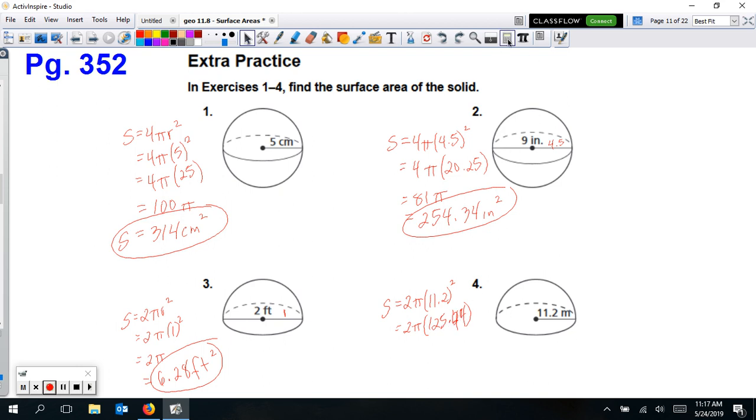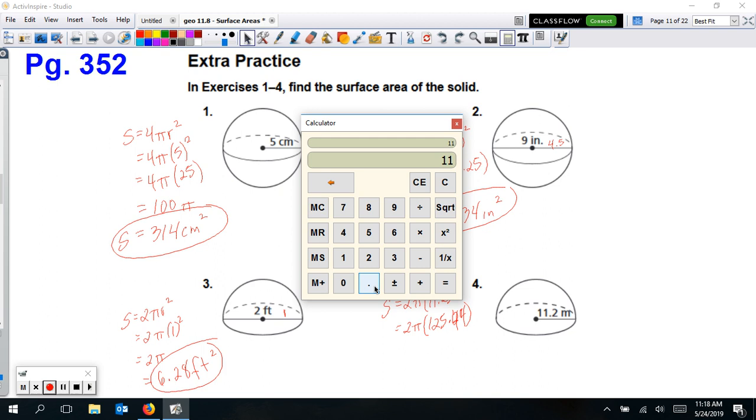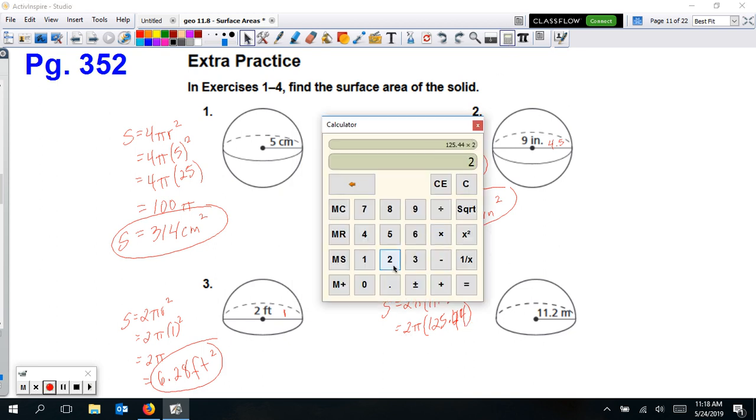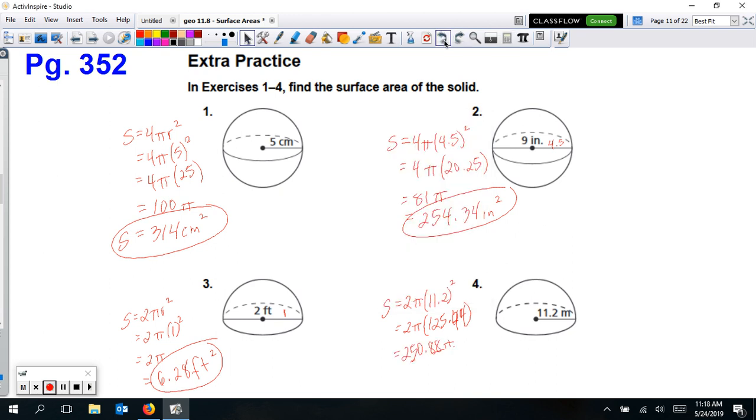Let me just double check that. So 11.2 squared. Yeah, 125.44, and then 2 times that number. If I multiply by 2, that gives me 250.88. So it's going to be 250.88 times pi.